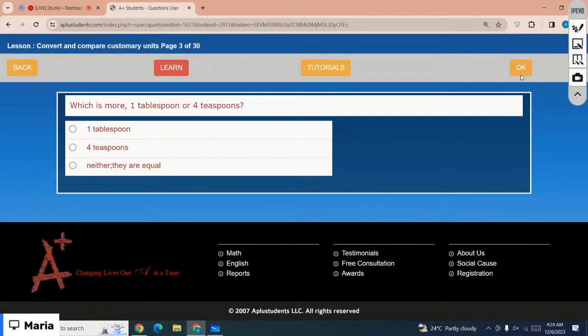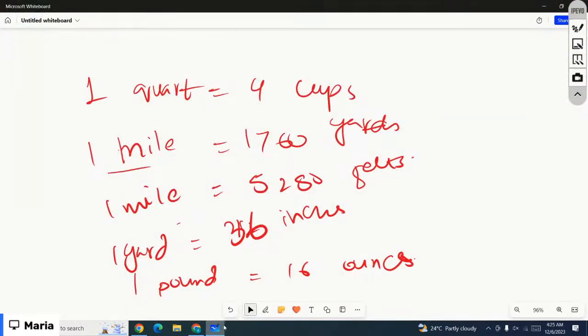Which is more, 1 tablespoon or 4 teaspoons? Which is the correct option? 1 tablespoon equals 3 teaspoons, right?